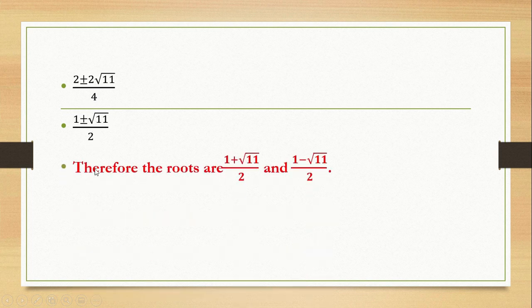Therefore, we have the roots: 1 plus square root of 11 all over 2 and 1 minus square root of 11 all over 2.